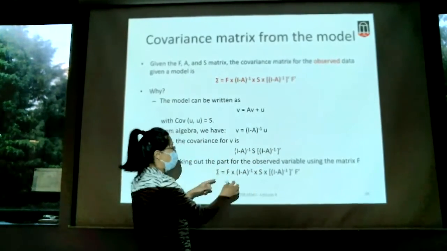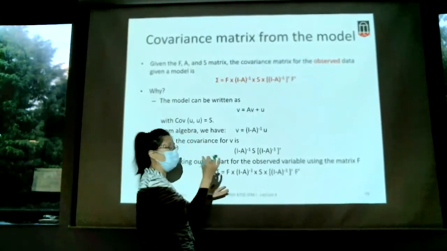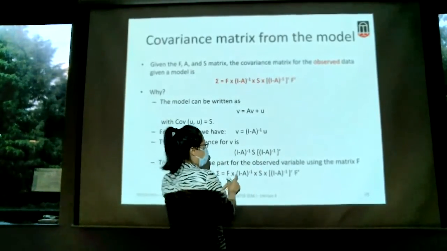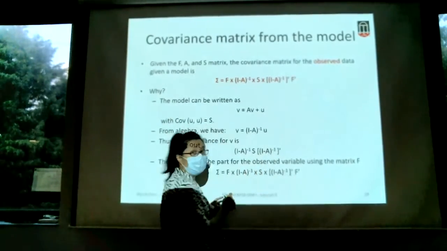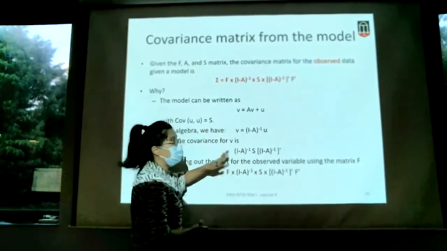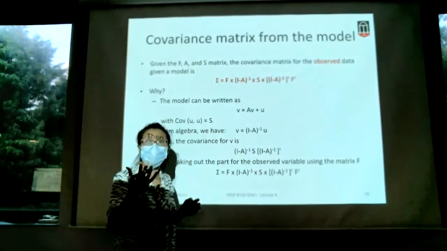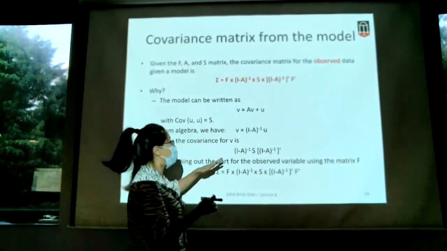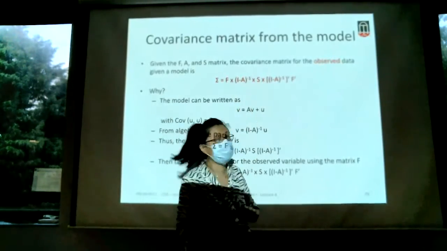If you apply the filter matrix to distinguish observed variables from all variables, you obtain the covariance matrix for the observed variables. So we have F times this part, S, this part, and the transpose of F. All of this derivation is based on the covariance matrix calculation rules. That's why we have this formula.